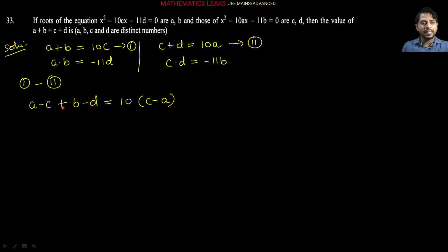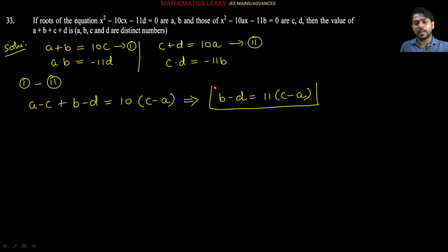So from this we can say b minus d is equal to, taking minus sign common from a minus c, c minus a, plus 10 times c minus a, so that is 11 times c minus a, right? Let's suppose this is equation number 3.